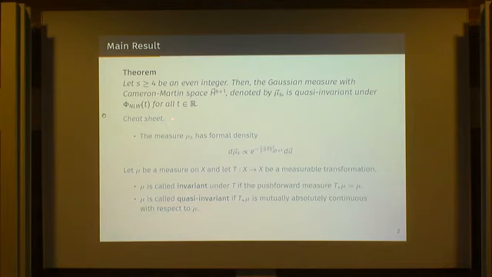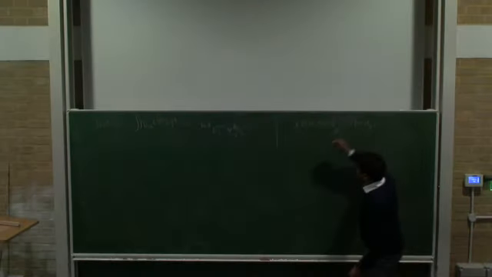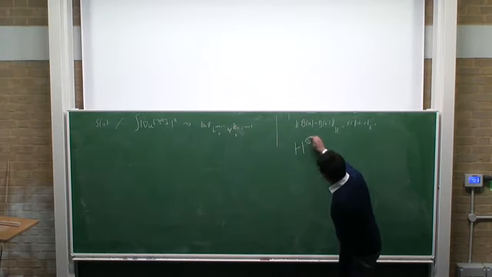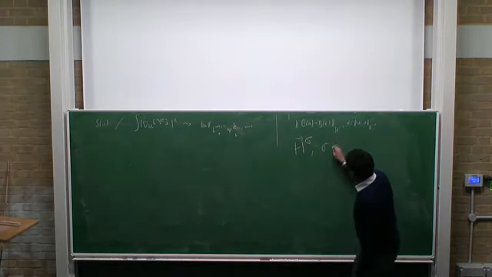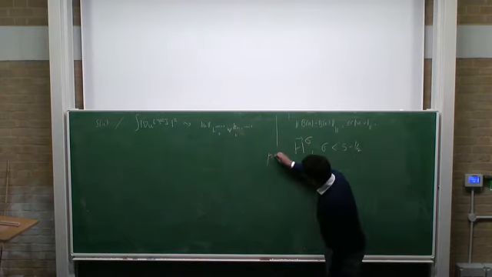So just in case you need a little cheat sheet, by Gaussian measure of Cameron-Martin space H^(s+1), it's this guy, so it's realized on H^σ. You should think of this measure living on H^σ, where σ is less than s minus a half.